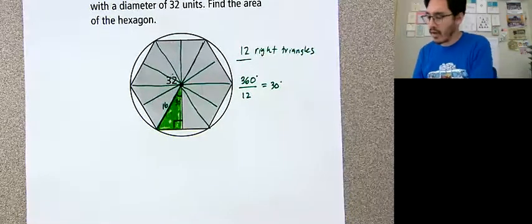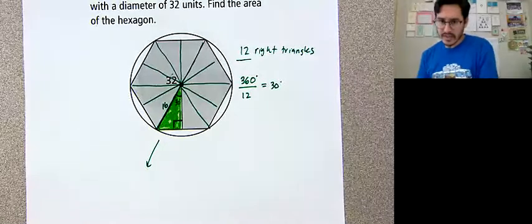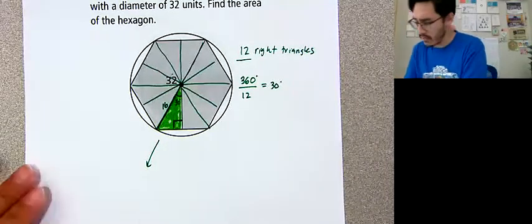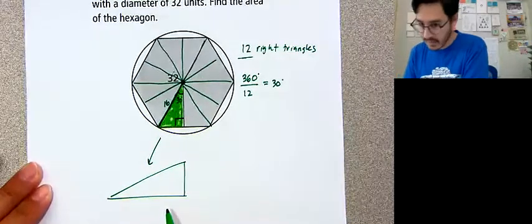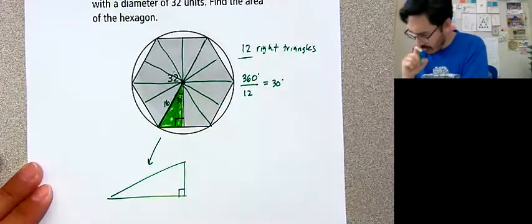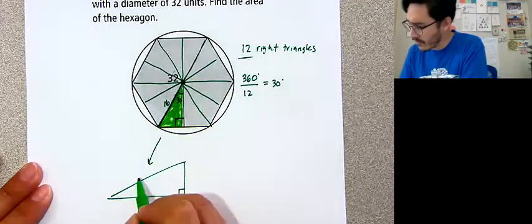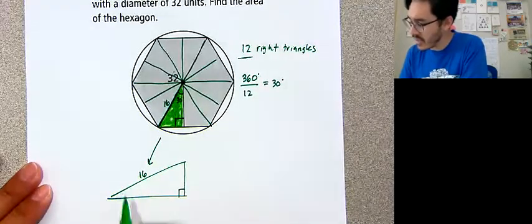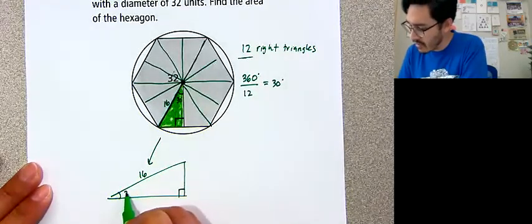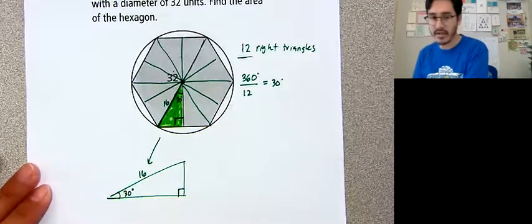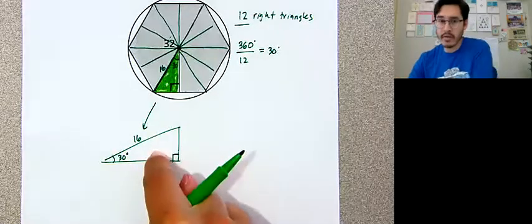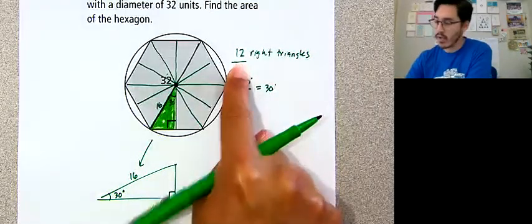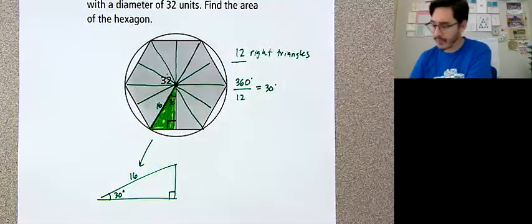All right. So let's just look at that green right triangle, and I'm going to redraw it laying down on its long side. So you have a right angle there. The hypotenuse is 16, and the acute angle is 30 degrees. Now remember, we want to find the area of this right triangle, and then we'll multiply by 12 to get the area of the whole polygon.